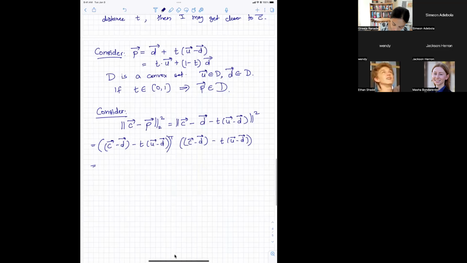And this now further I can write as the norm squared of C minus D, and then I have plus T squared times U minus D norm squared, minus 2T times the inner product of C minus D and U minus D.